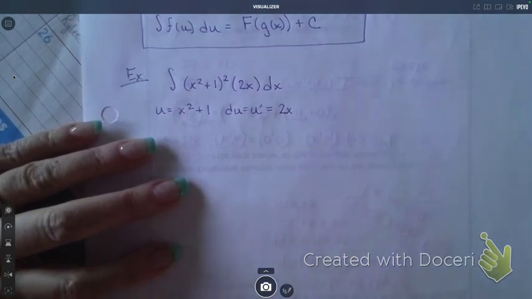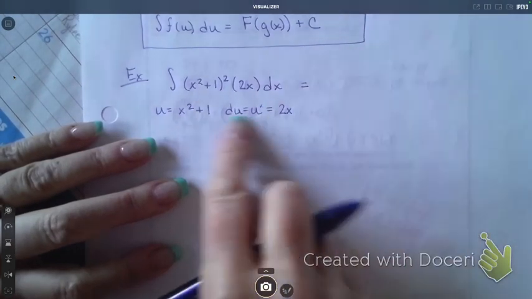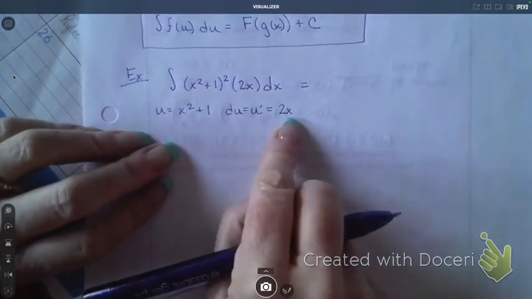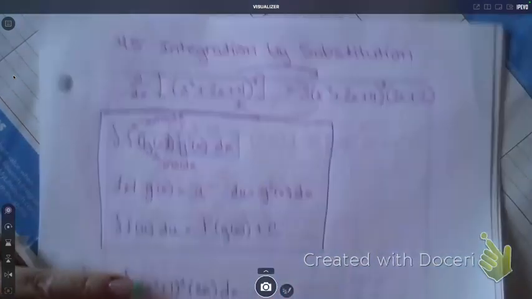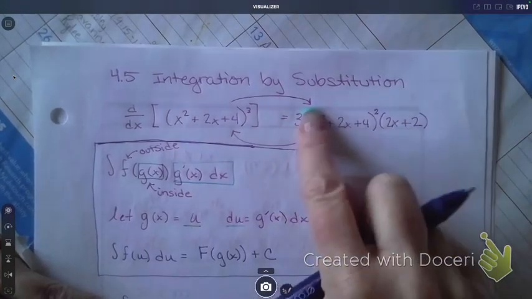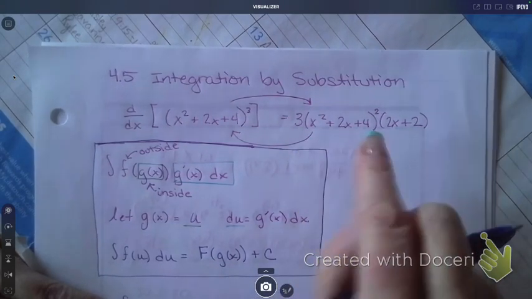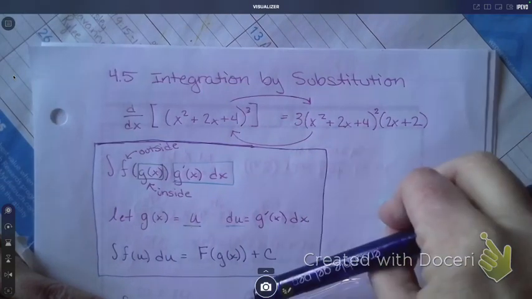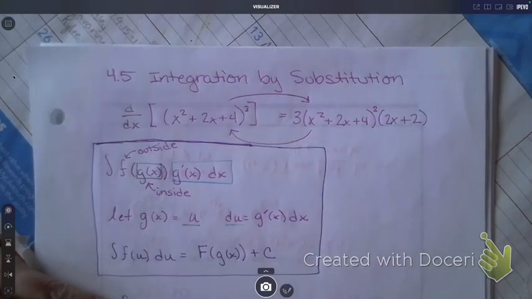So, what do you do with the other 2x? We're not piecing this together yet. We haven't done anything. We're identifying. Because when we take the derivative, remember we take the derivative of the outside times the derivative of the inside. So we're trying to identify what the inside is and what the derivative is. Because things will be missing because they simplified out, so we have to put them back in.